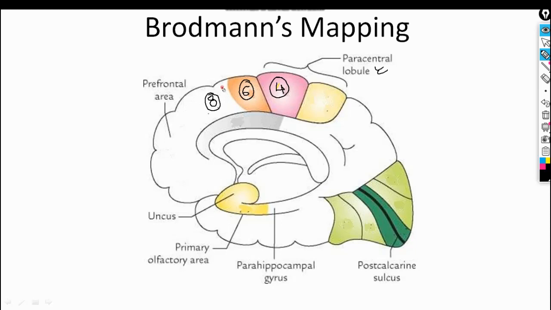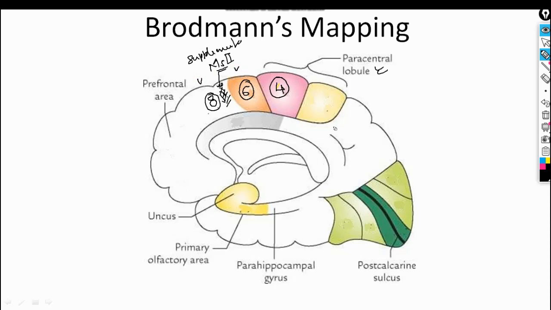Then this important area which is still left is the supplementary area, represented as capital M, S. It is present here on the medial aspect of this frontal gyrus, and it has a good connection with area number 6 and area number 8.